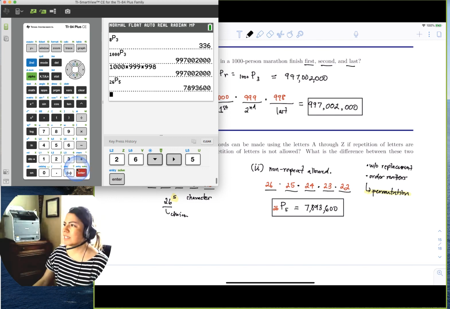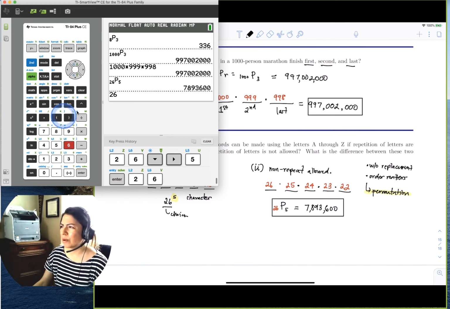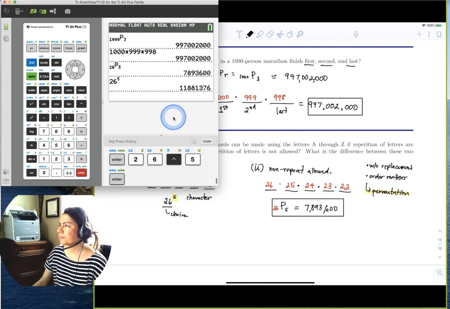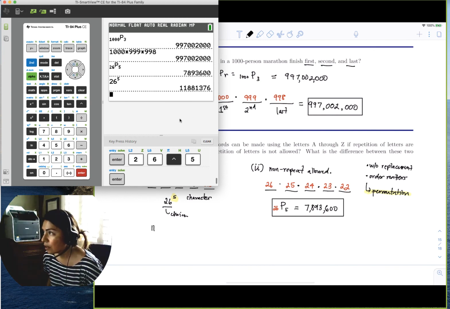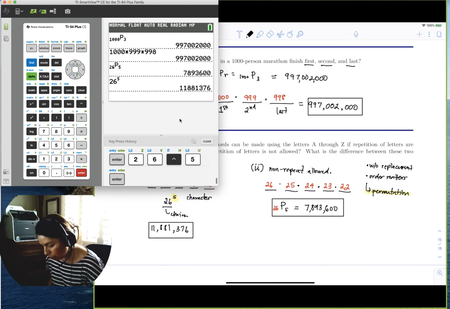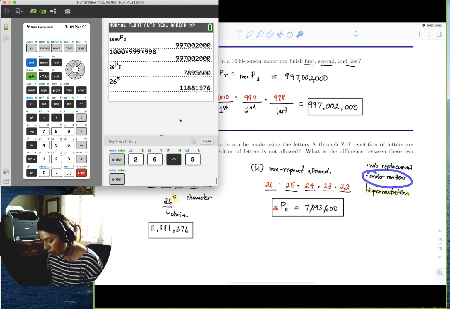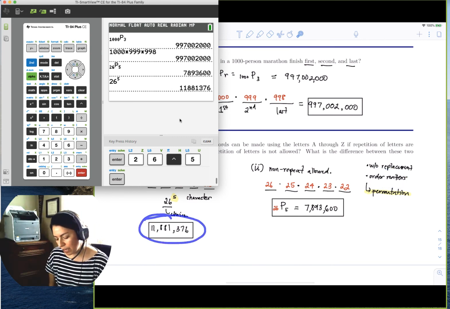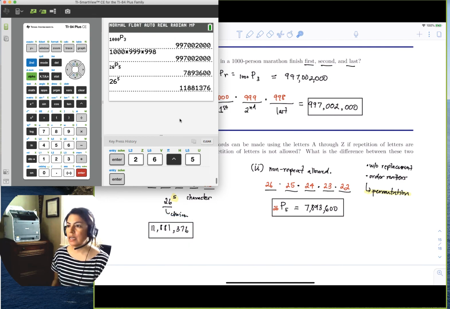Okay, if we wanted to see what 26 to the 5th was, I mean, that is ginormous, right? That's going to be 11,881,376. So when order matters without repeating, you're going to have fewer options, whereas when repeating is allowed, it's going to be even bigger because you're allowed to reuse the choices.